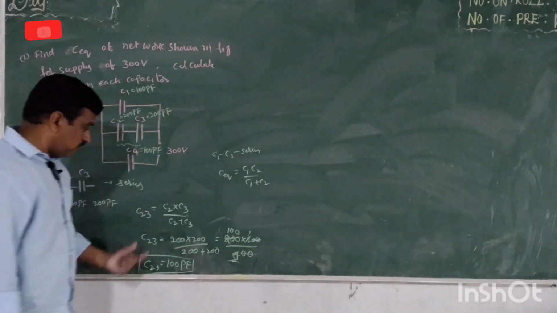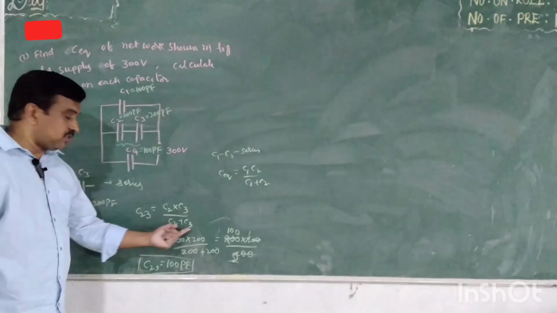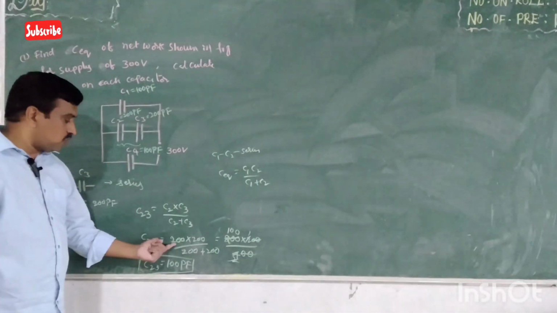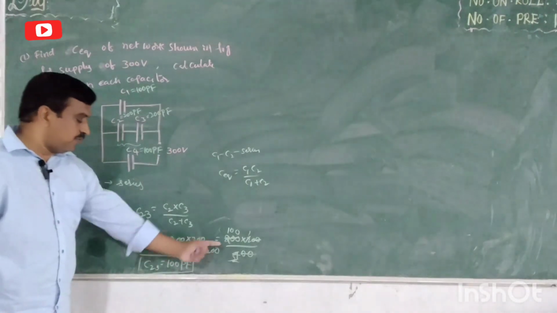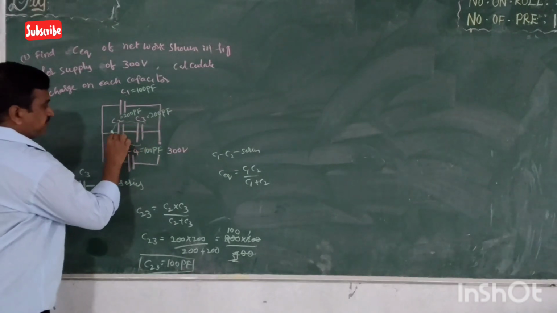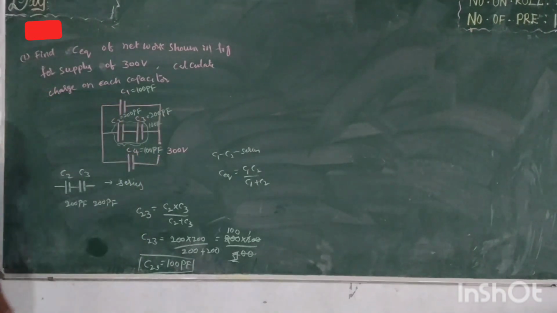So here, for C2 and C3 in series, C23 equals C2 into C3 by C2 plus C3, which is 200 into 200 by 200 plus 200. Simplifying, we get 100 picofarads. So this resultant is now 100 picofarads.